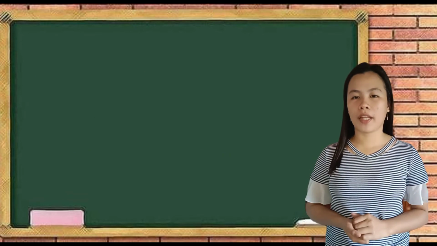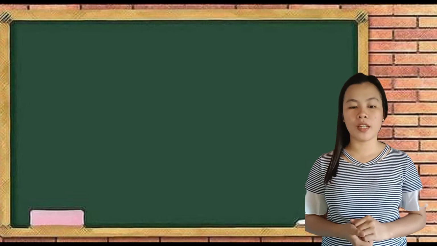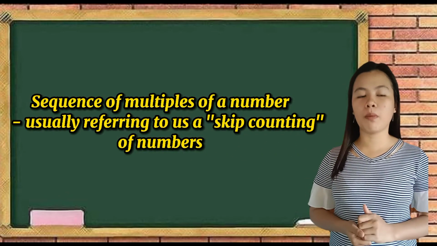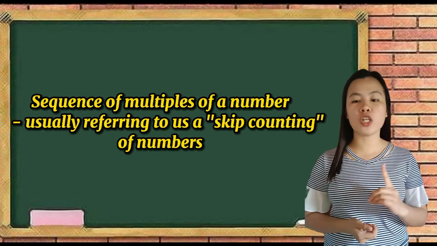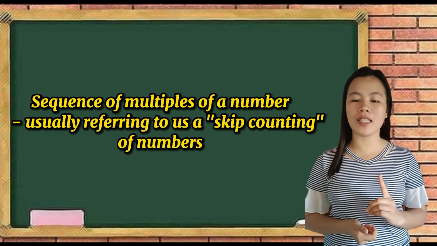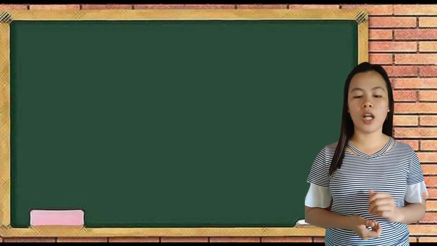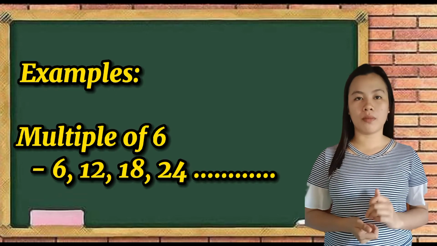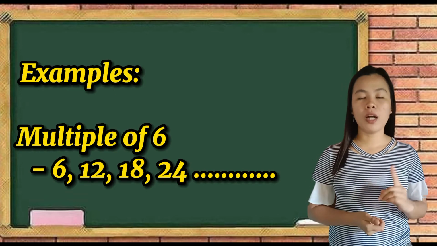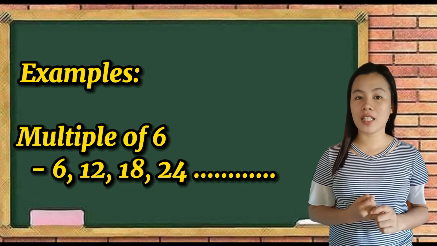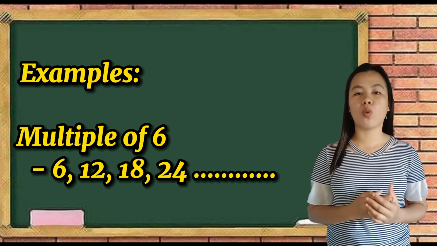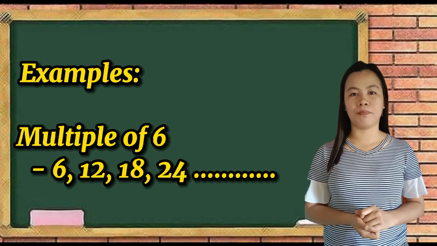And the last one is a sequence of multiples of a number, usually referred to as skip counting. Example: what are the multiples of 6? The multiples of 6 are 6, 12, 18, 24, and so on.